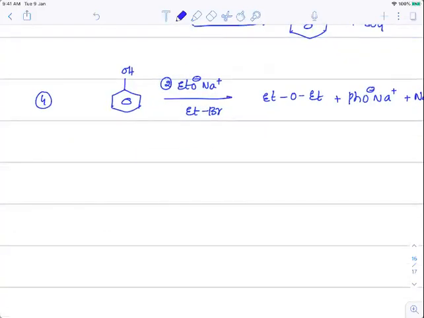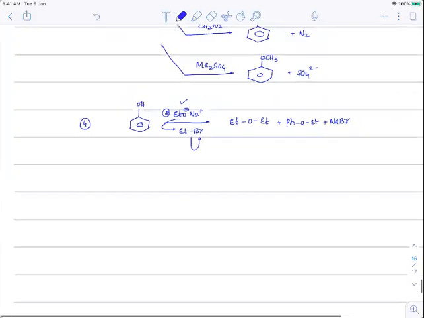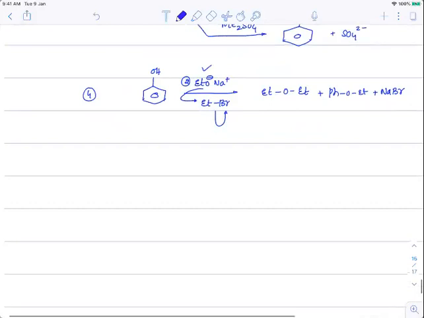When I'm taking two equivalents of this, O minus has attacked here first, and then Br minus has been removed, so EtOEt comes. And the second mole will connect with phenyl and it will become PhOEt. This will form.